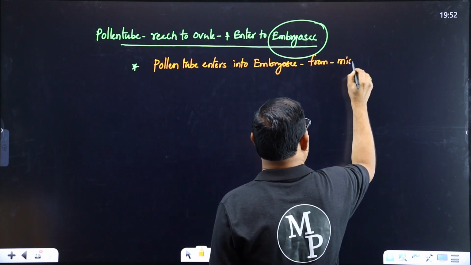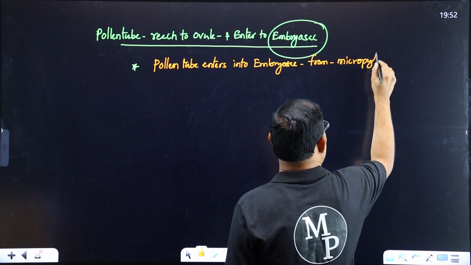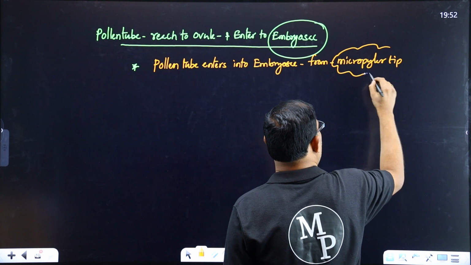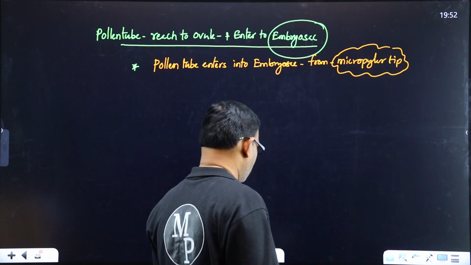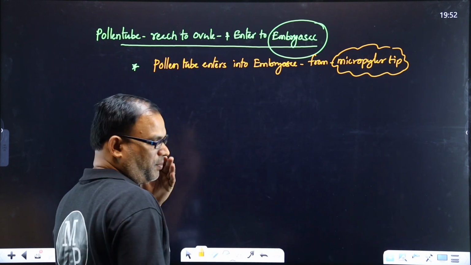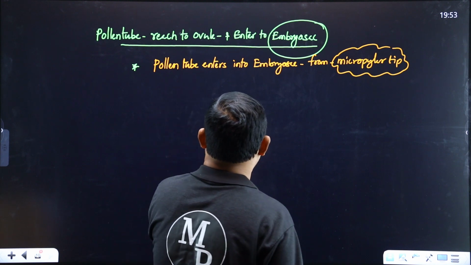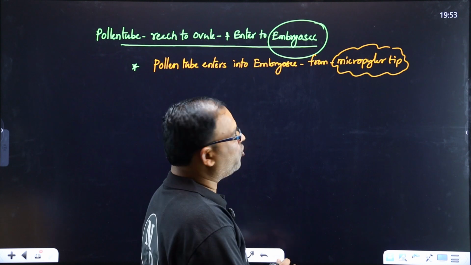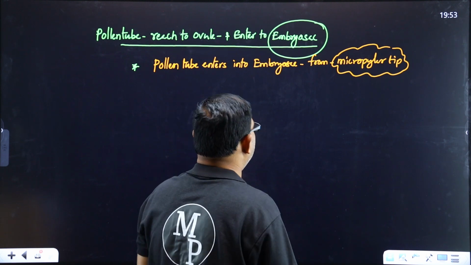From the micropylar tip. This is very, very important. Always the pollen tube enters into the embryo sac from the micropylar tip area only. Because of why?